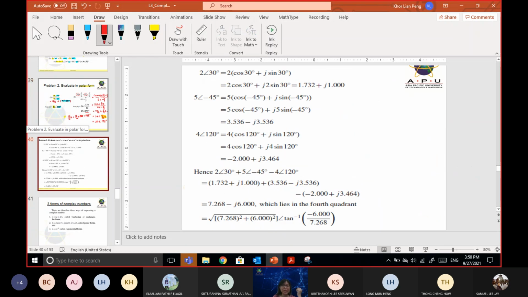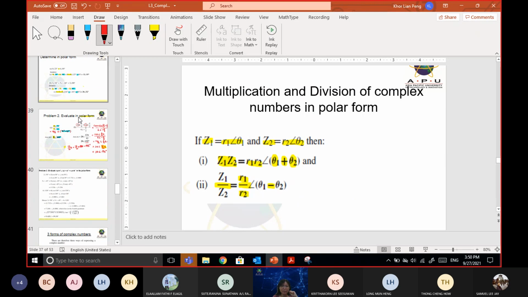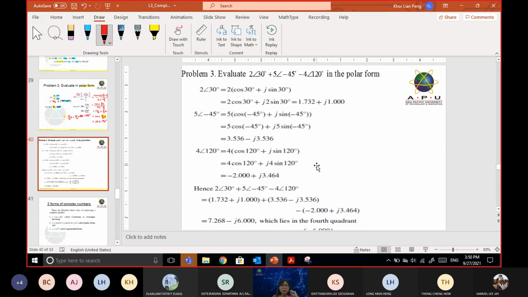We have just gone through the rules we can apply on the polar form when we want to deal with multiplication and division. But what happens if we want to deal with addition and subtraction? Unfortunately, there are no rules we can apply when we deal with addition or subtraction in the polar form. So we can't just directly deal with that when they are in polar form. What we need to do is convert each of them back to Cartesian form.